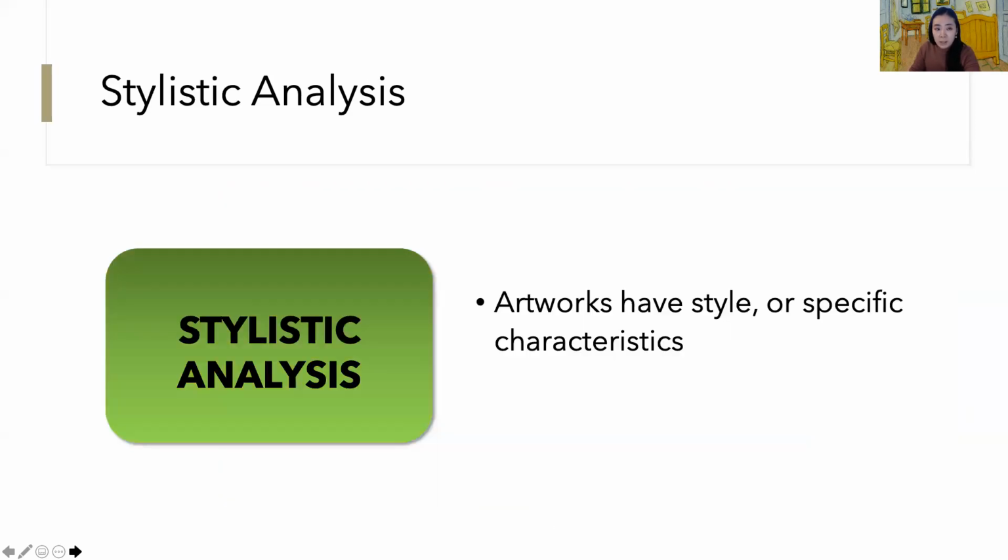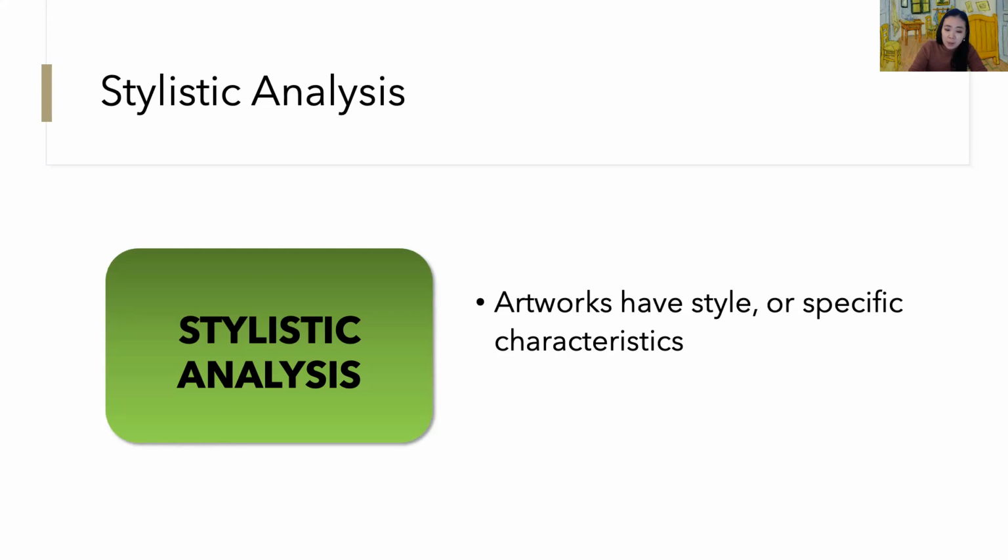The next analysis style is stylistic analysis. We recognize a style in our own life. The way we dress and arrange our hair reflects our personal style. So artworks also have a style, or specific characteristics that make them look the way they do.